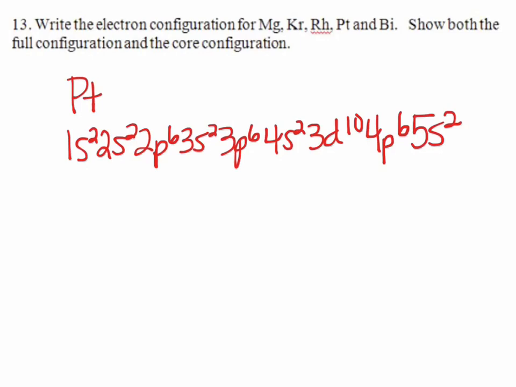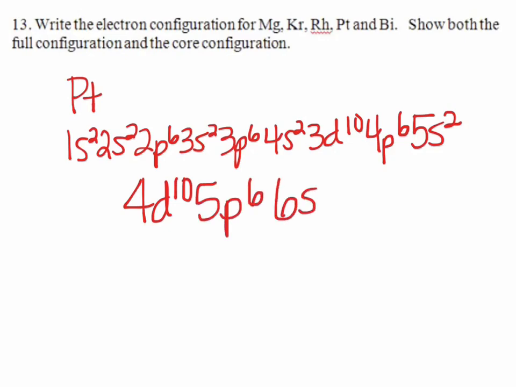Geez, I could have picked a smaller one. 4d10, 5p6, 6s2, 5d, 1, 2, 3, 4, 5.